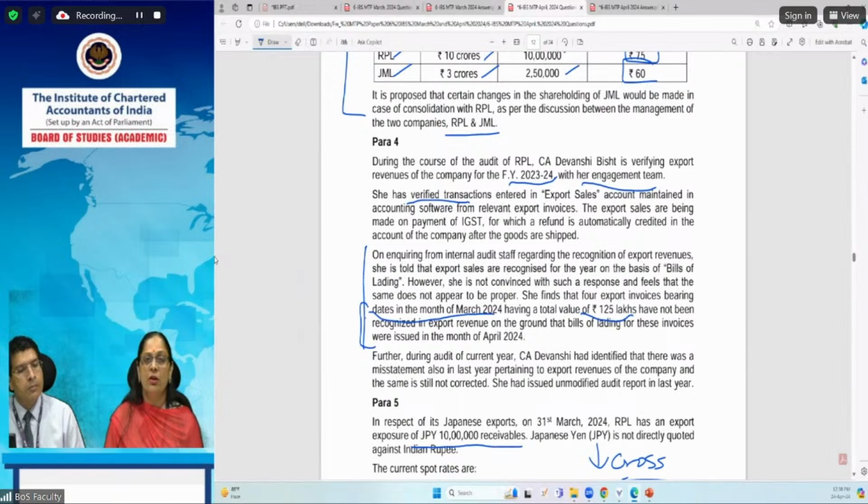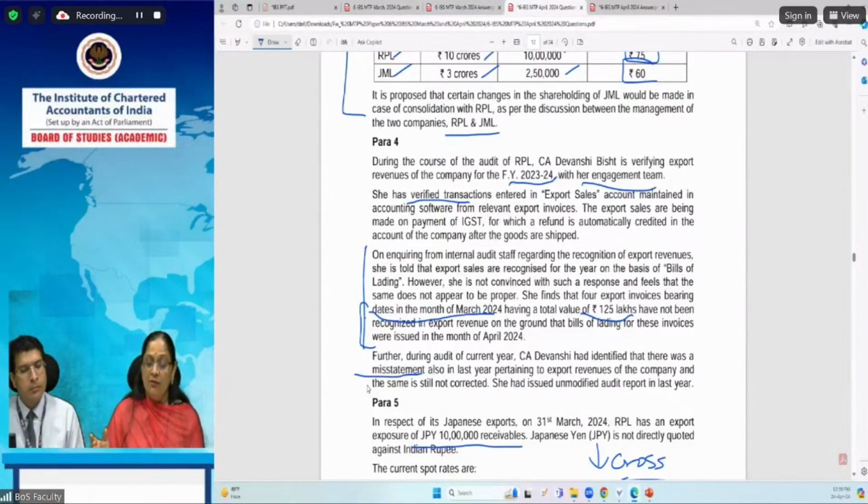That is not correct. Further, during audit of the current year, CA Devanshi had identified that there was a misstatement. She identified the misstatement also in last year pertaining to export revenue of the company, and the same is still not corrected. She had issued an unmodified audit report in last year. So here we can see the reference of SA 710, which deals with comparative and corresponding figures, right?